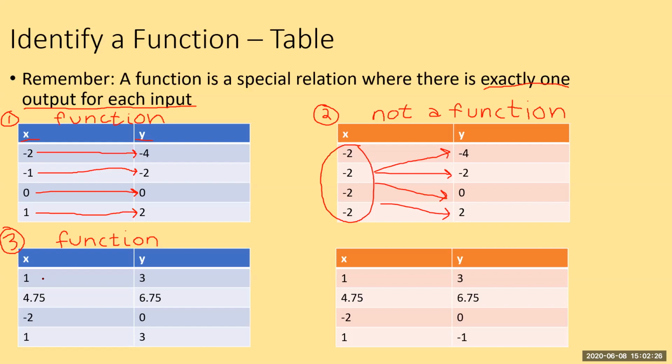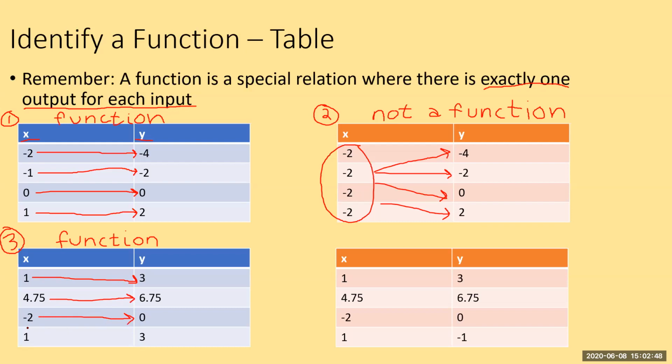And that's for the same reason as it was in table 1. So the input of 1 goes with the output of 3. The input of 4.75 goes with the output of 6.75. The input of -2 goes with the output of 0.